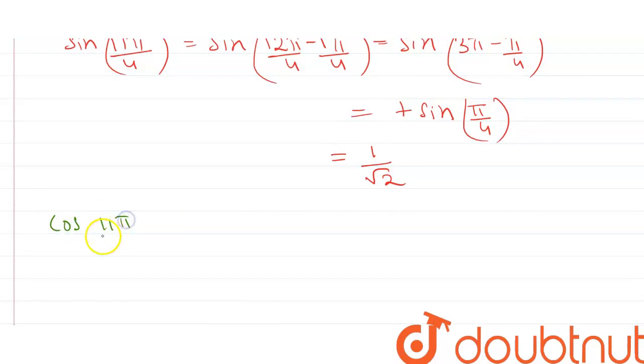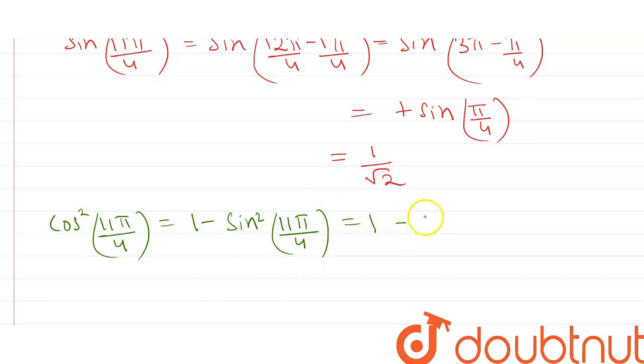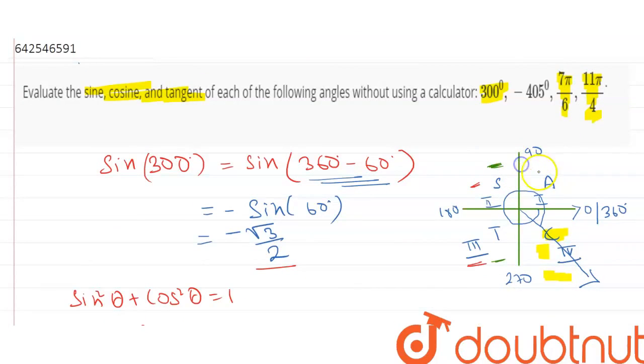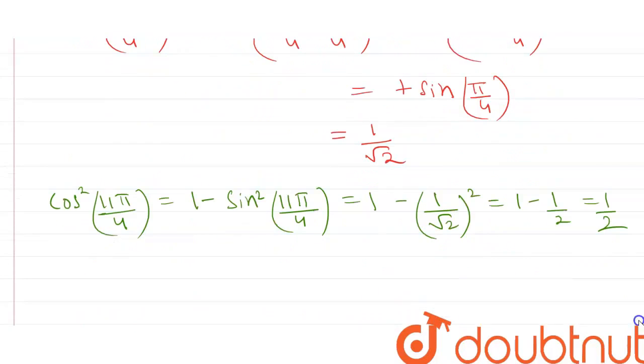Cos square 11 pi by 4 is equal to 1 minus sine square 11 pi by 4, 1 minus 1 by root 2 whole square, 1 minus 1 by 2 equals 1 by 2. But we have to first of all check that this lies in the second quadrant. See, this is your second quadrant. The value of cos in the second quadrant is negative.